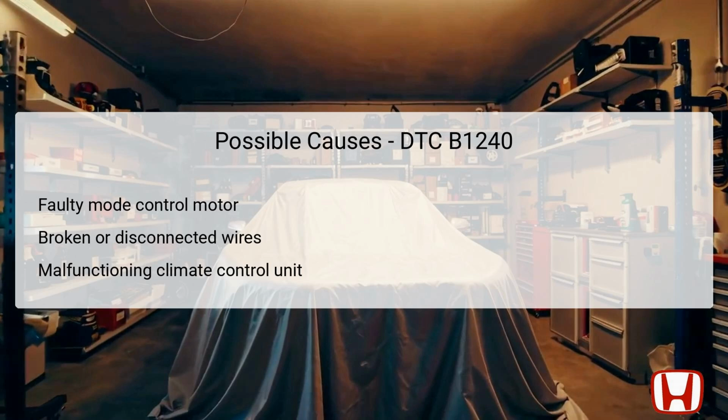Furthermore, problems within the climate control unit itself could also prevent the mode control motor from performing as required. Each of these scenarios could lead to a loss of functionality in the mode control system, thus necessitating a comprehensive inspection of electrical connections, continuity, and component condition to efficiently resolve the issue.